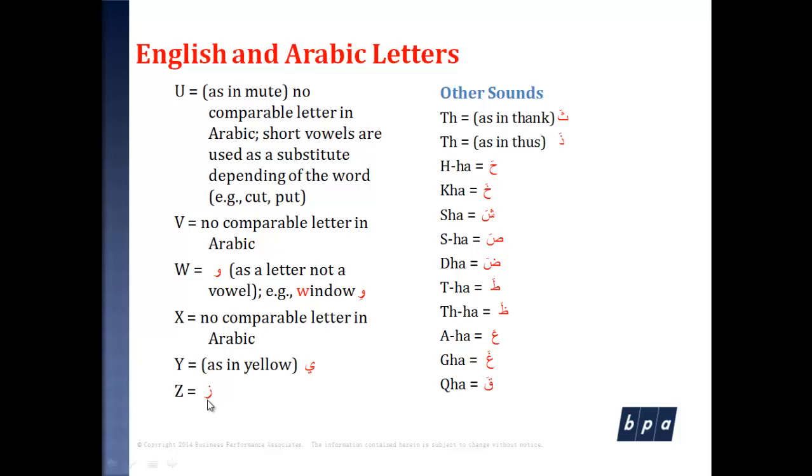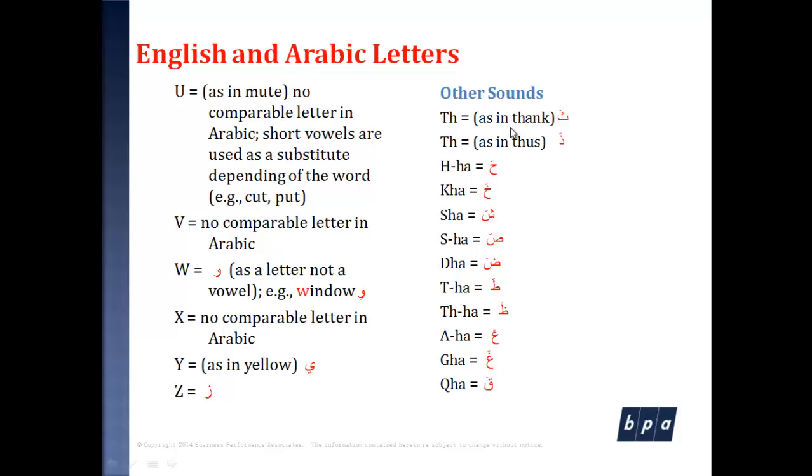There are some other sounds in English that have comparable letters in Arabic, and I've used here the fatha on all of these sounds to indicate the letter in association with the letters to give you the examples.